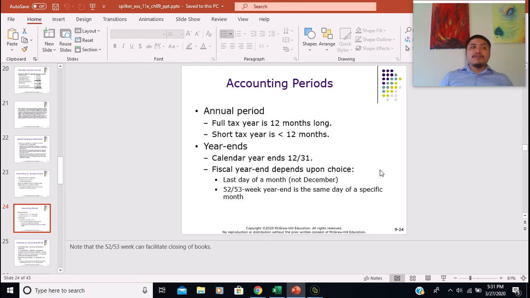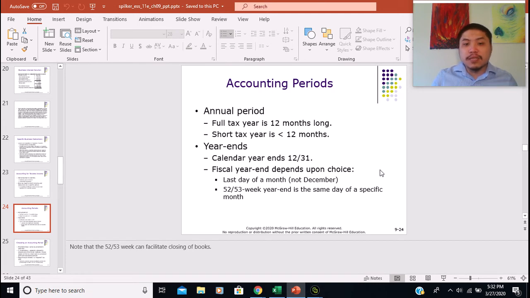If you have noticed, there are some corporations where the tax year does not end on December 31st. The majority of companies still choose December 31st, but some choose to end their tax year on, say, June 30th or July 31st or even May 31st. It all depends on the choice of the company, right?